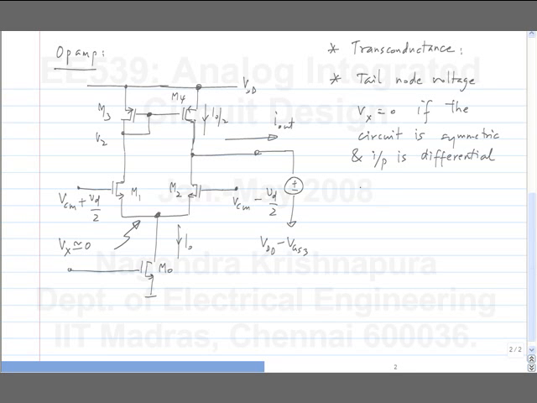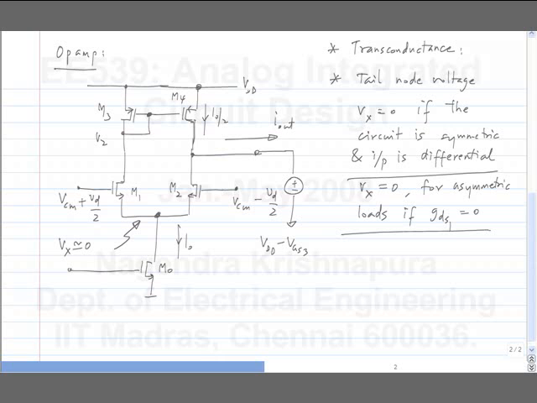Now Vx is also equal to 0 for asymmetric loads if GDS1 is 0. Is it clear how this comes about?